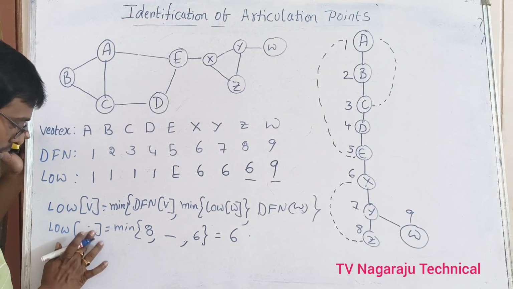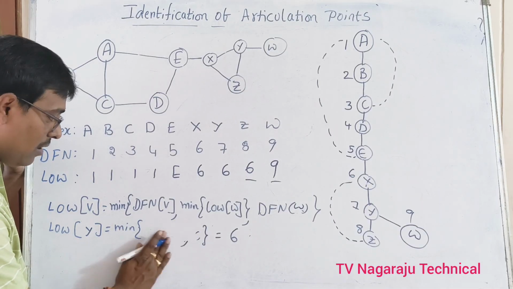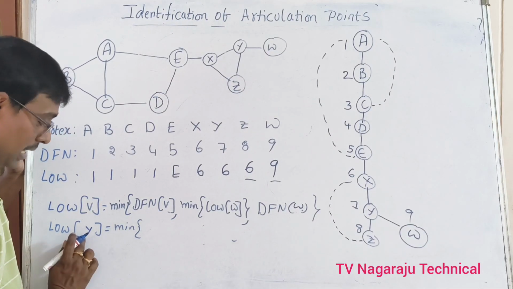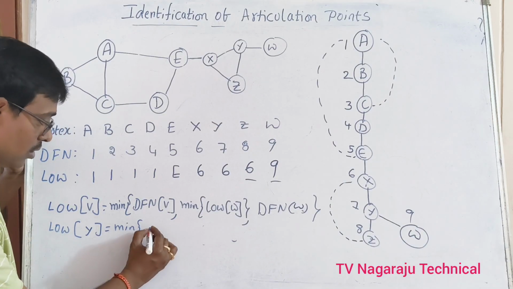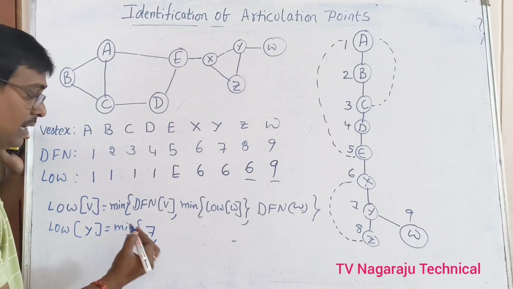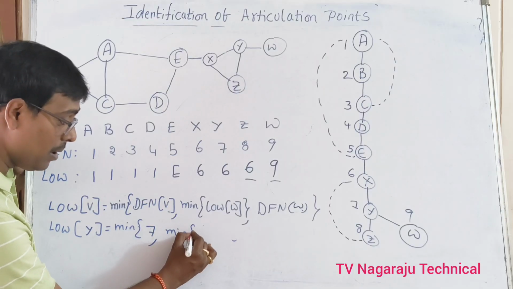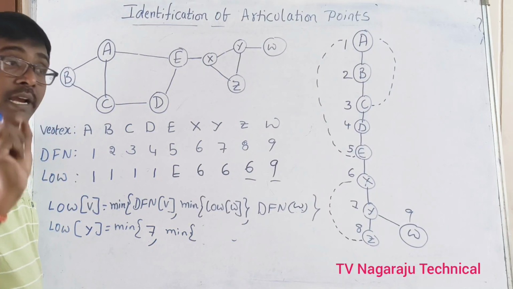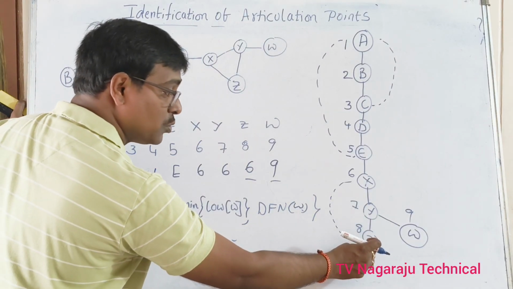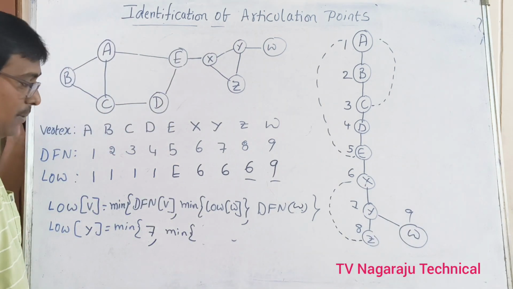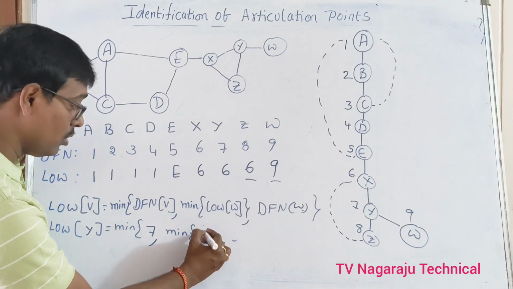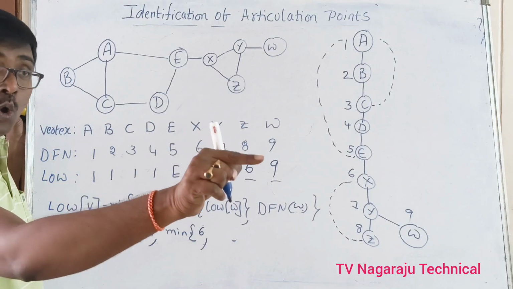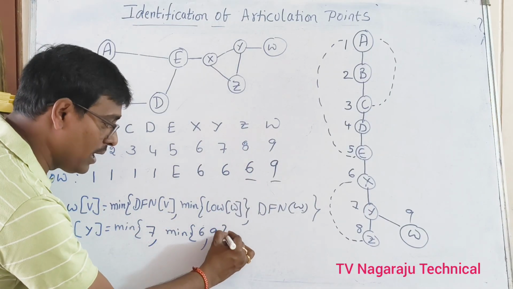Now low of Y is equal to the minimum of DFN of Y, which is 7, comma, the minimum of low of children. Y has two children: one is Z, another one is W. Low of Z is equal to 6, comma, low of W is equal to 9.